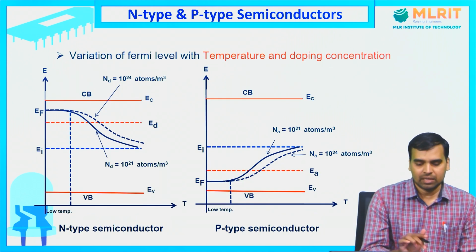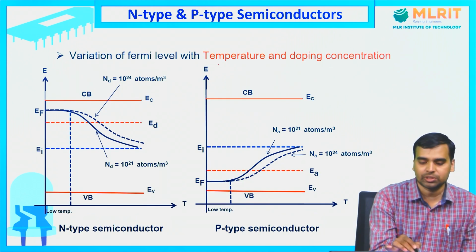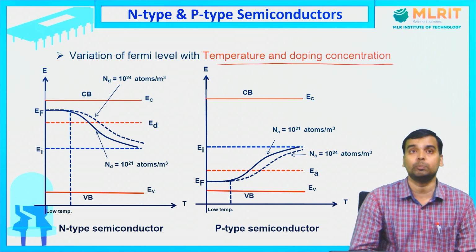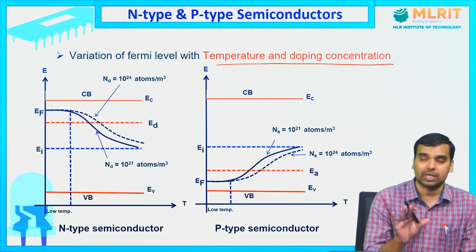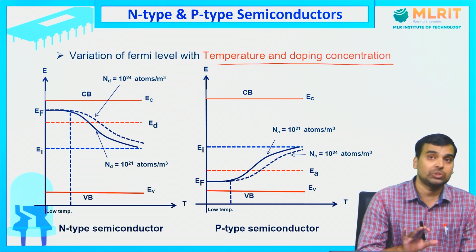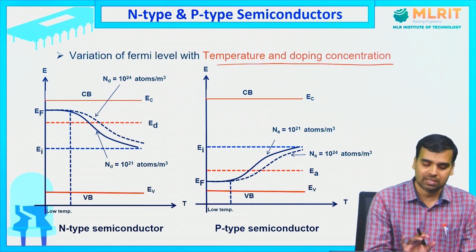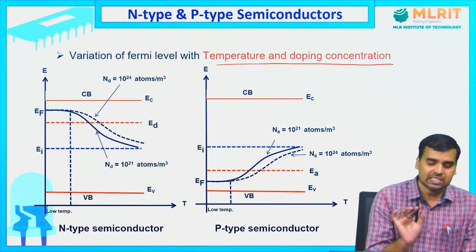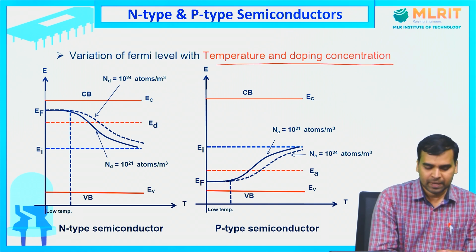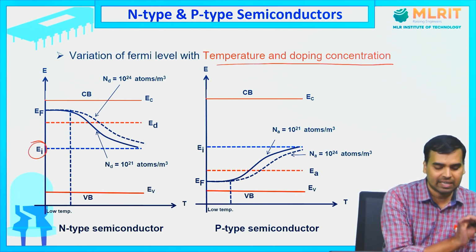Now, let us see the very important concept, variation of Fermi level with temperature and doping concentration. Fermi level is a very important concept in order to study the conductivity properties of semiconductor materials. In case of intrinsic semiconductors, here you can see EI is nothing but intrinsic Fermi level.